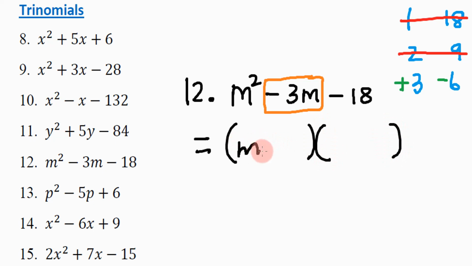Then m times m will give us m squared. And we put in the plus 3 and the minus 6. We do a final check. M times m is m squared. Positive 3 times negative 6 is negative 18. Positive 3m minus 6m is negative 3m.